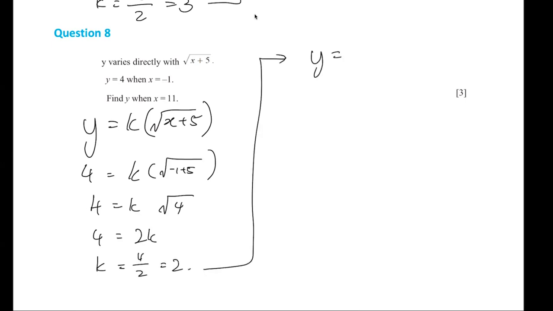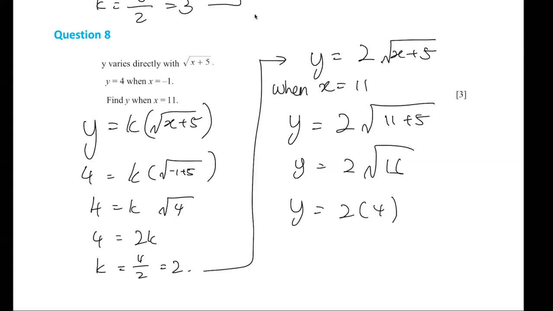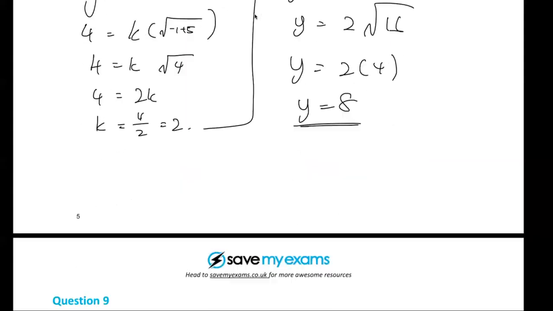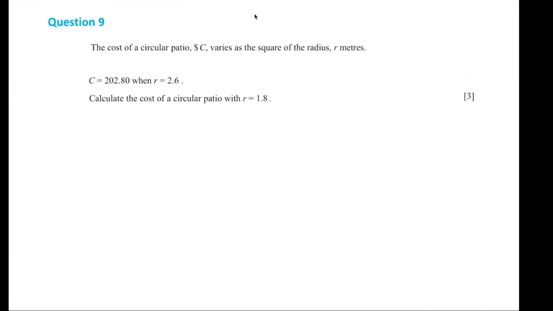Rewrite. The circular area C varies as the square of the radius, so C is equal to K times the square of the radius. When C is 202.80, R is 2.6 squared.